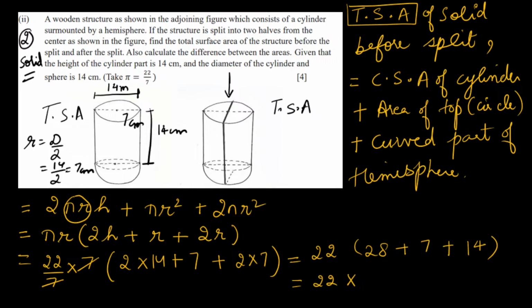So I want you people to do the calculations. So this is 49. Okay, 49, multiply and tell me its answer. Okay, 22 into 49.